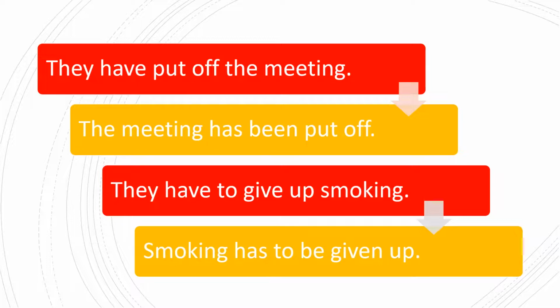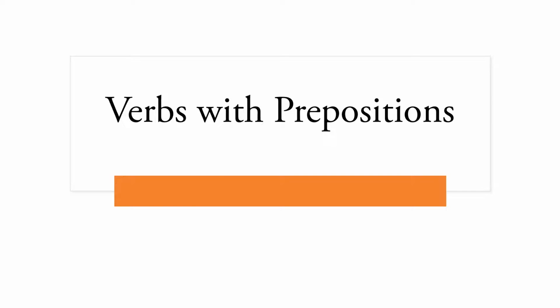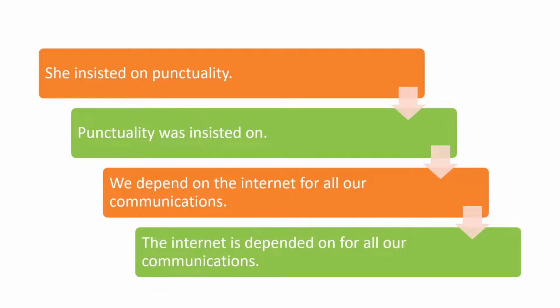We have another type of verbs. They are the same as phrasal verbs in a way that they have prepositions. So here again, it's the same as phrasal verbs. She insisted on punctuality. Punctuality was insisted on.